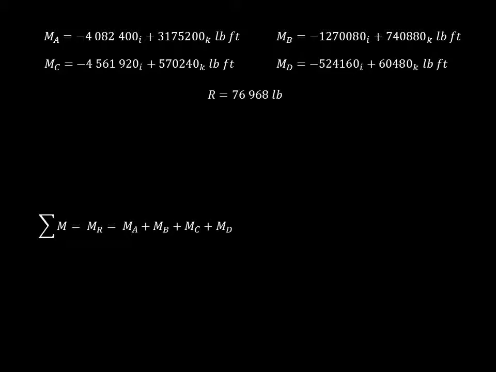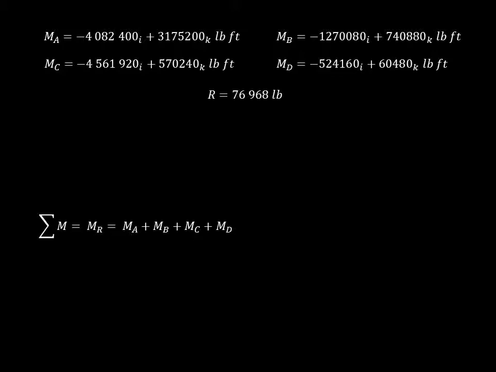Since we already know the moment of all forces, we now need to identify the equation of the resultant moment, which we get from the cross product of the distance and the resultant force.